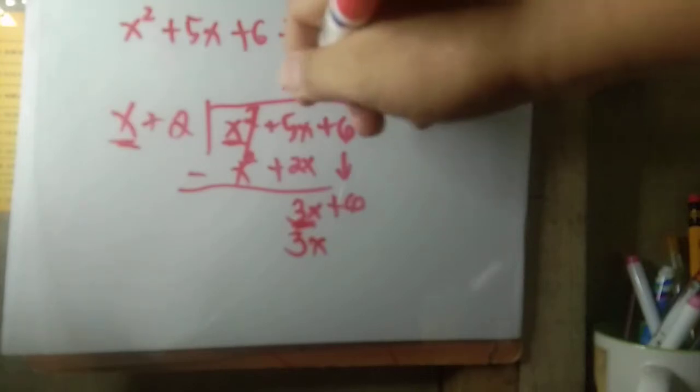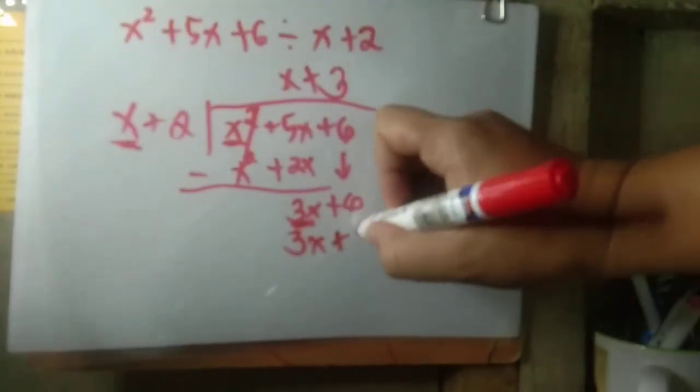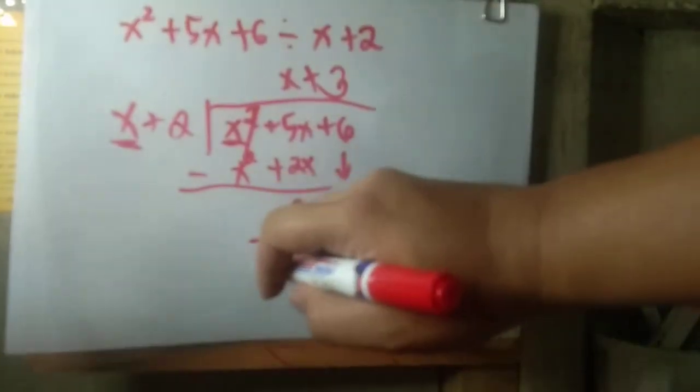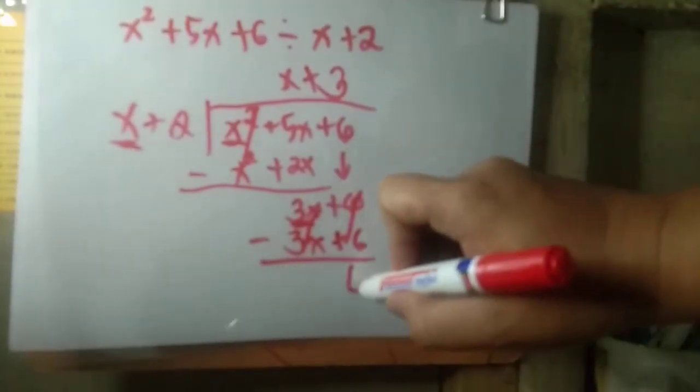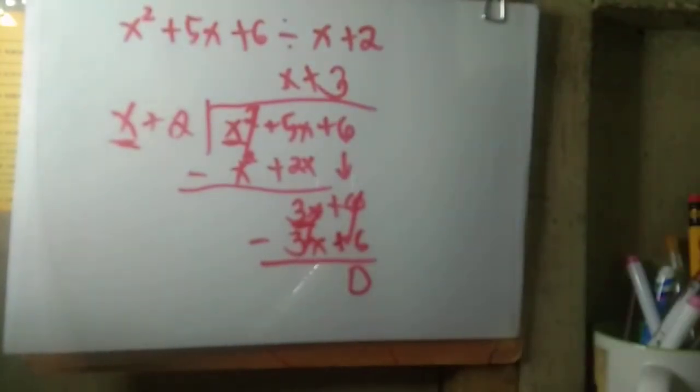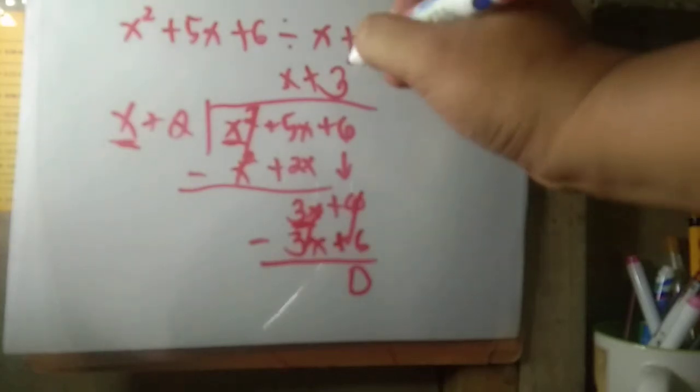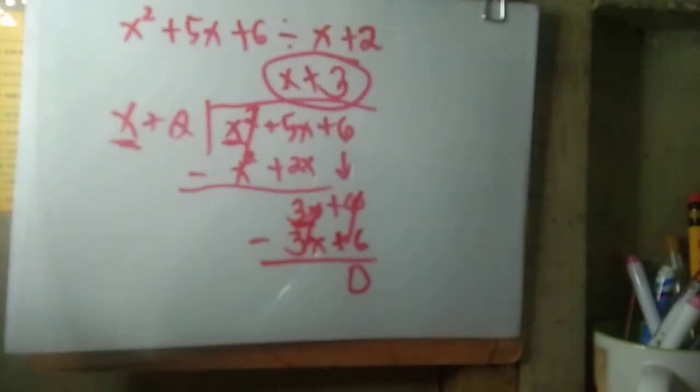And then 3 times 2 is 6, and then we will be subtracting it also. So both will be cancelled, so we will not have a remainder. So the answer now is x plus 3. So the quotient when we divide x squared plus 5x plus 6 by x plus 2 would be x plus 3.